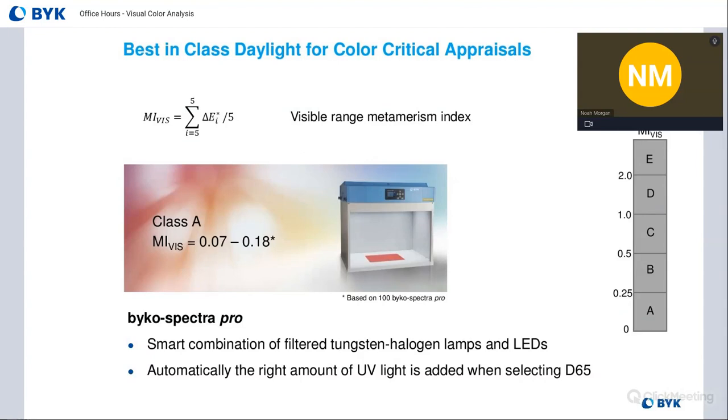What that's saying is it was almost perfect at simulating real daylight outside, according to the international CIE standards. And what this is good for is, for very tight tolerances, if you're looking at it under the Bico Spectra Pro, when you look at that daylight, it's actually going to be as close to daylight as possible, instead of looking at something under daylight from maybe one of the older versions.